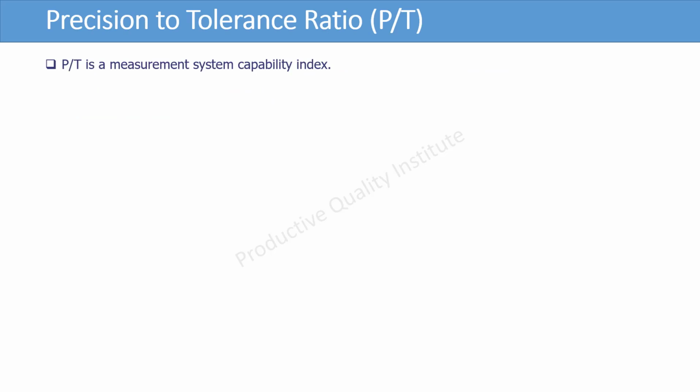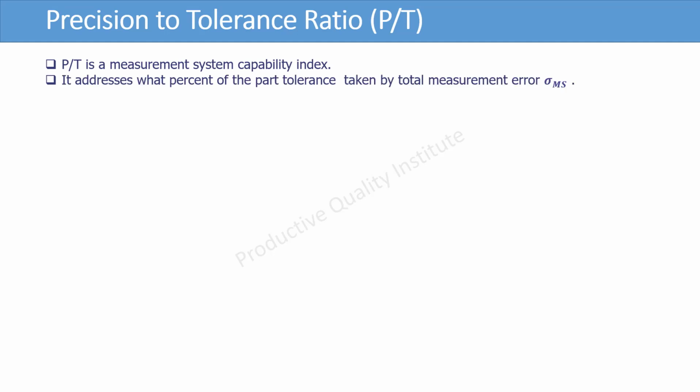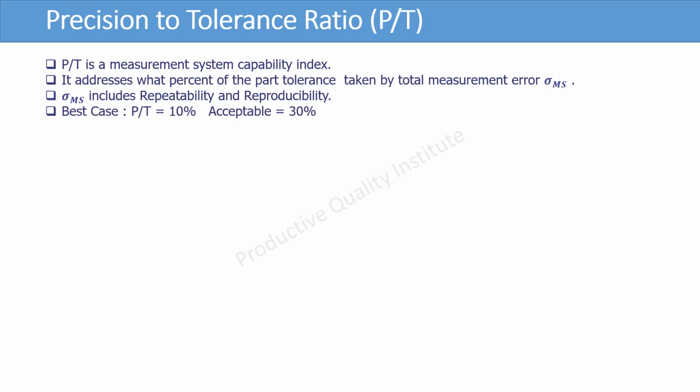Precision to tolerance ratio is a measurement system capability index. It addresses what percent of the part tolerance is taken by the error of total measurement, or sigma of the measuring system. Sigma of the measuring system includes repeatability and reproducibility. For the best case, precision to tolerance ratio should be equal to 10%, and for acceptable cases, precision to tolerance ratio should be equal to 30%.